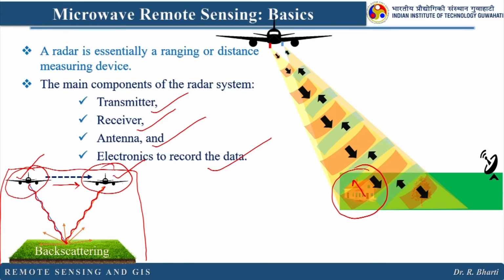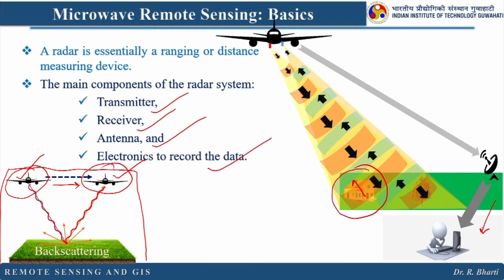Subsequently, the recorded data will be transmitted to your ground station, which will receive that energy in the form of an image, and that will be distributed and analyzed. This is how we do it in microwave remote sensing.